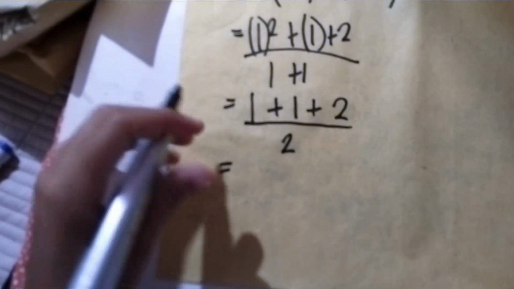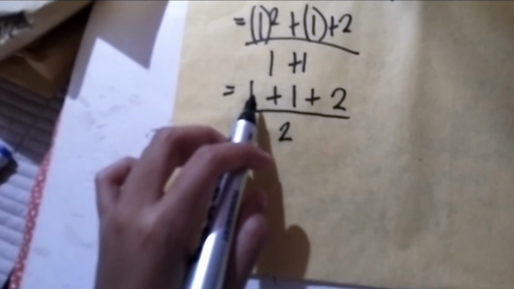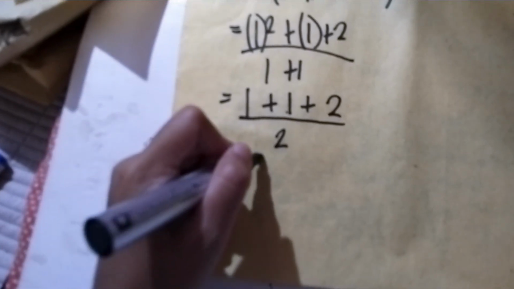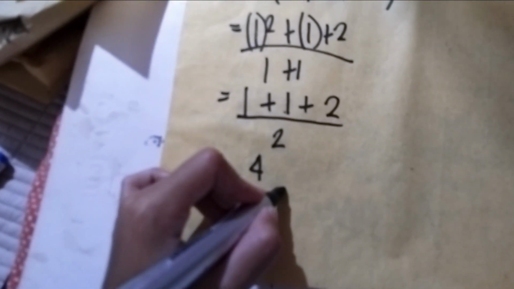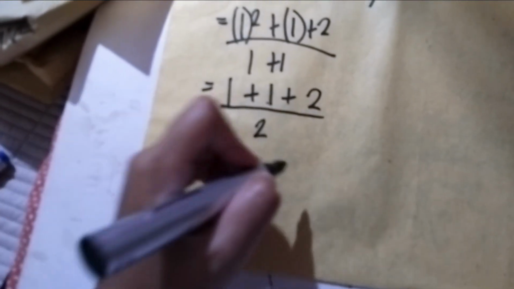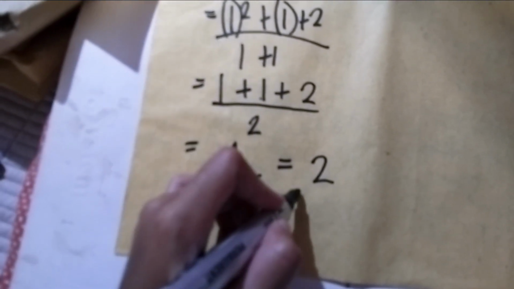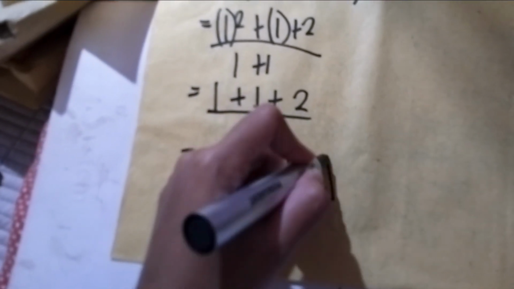So we have to add: 1 plus 1 plus 2 equals 4 over 2, and 4 over 2 equals 2. So 2 is our final answer.